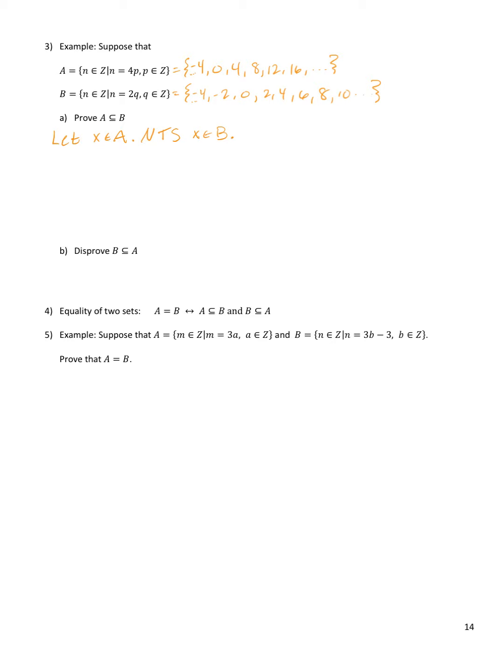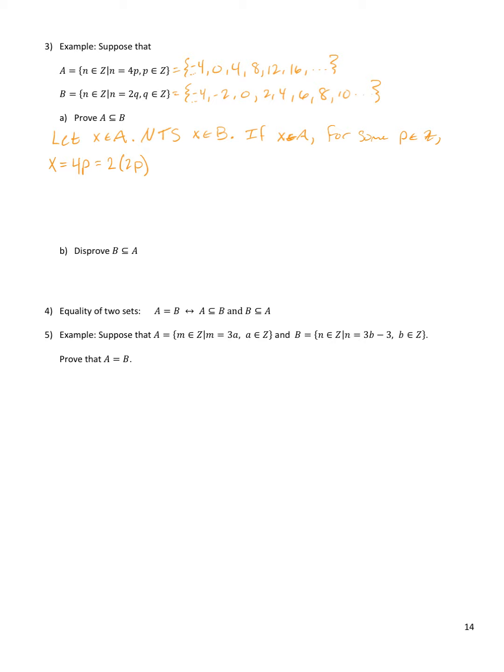Okay. All right, so if x is in A, that means that for some p in the integers, x equals 4p. That's the definition of what it means to be in A. But 4p could be written as 2 times 2p.